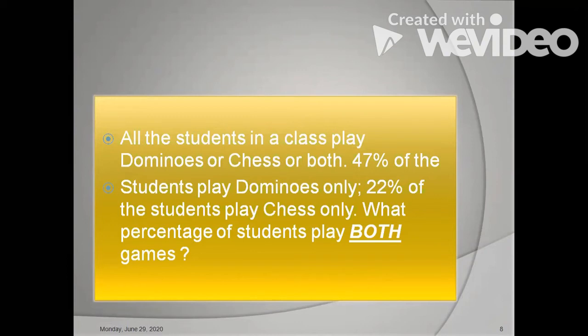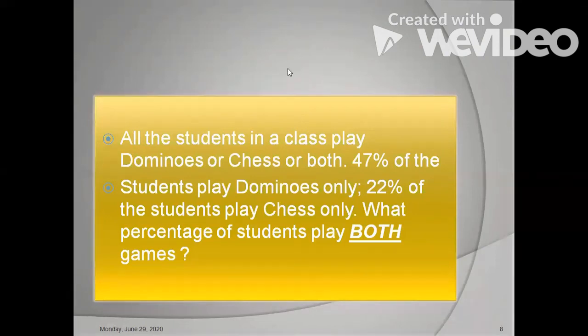It says, all the students in a class play dominoes or chess or both. 47% of the students play dominoes only, and 22% of the students play chess only. What percentage of students play both games? So the key word here is only.